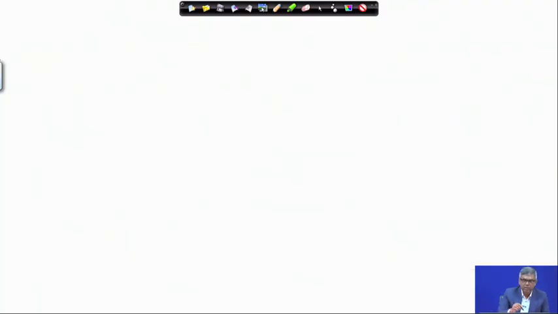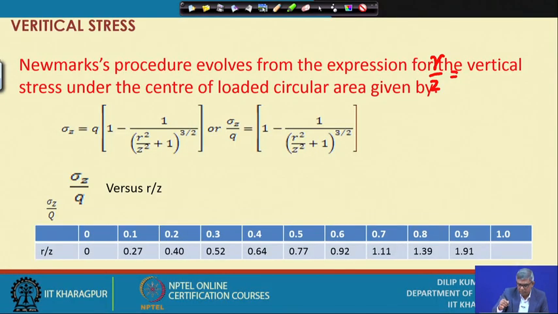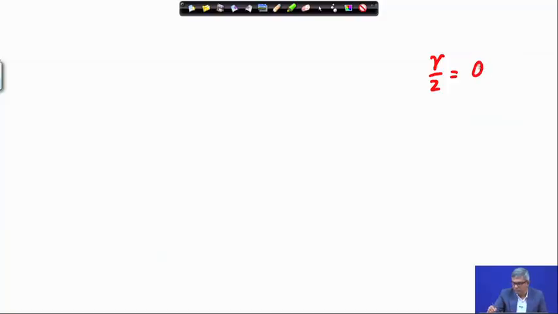So, suppose I know r by z, and suppose two values: r by z is 0.27 and r by z equal to 0.4.